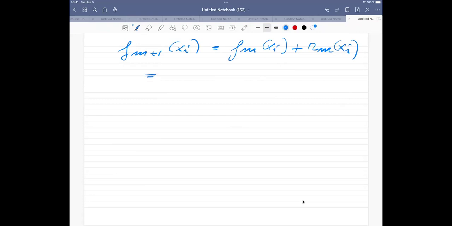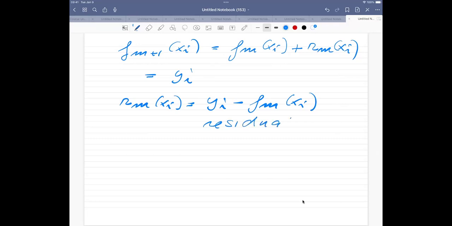And this is going to be equal to y of i. And this function r of m of x of i is actually y of i minus f m of x of i. And this is normally what we call the residual, or the error which we made at that specific step.